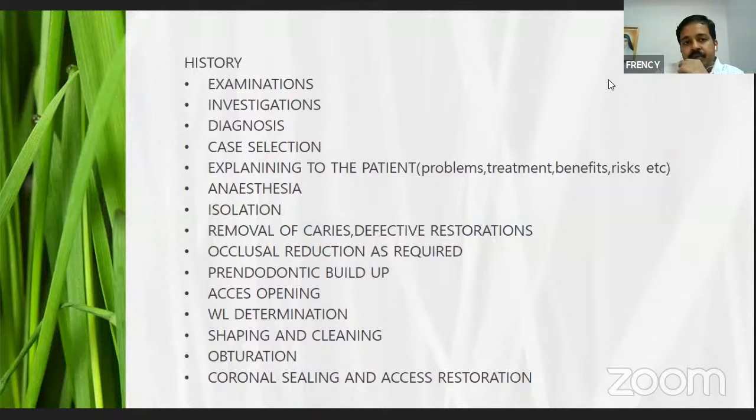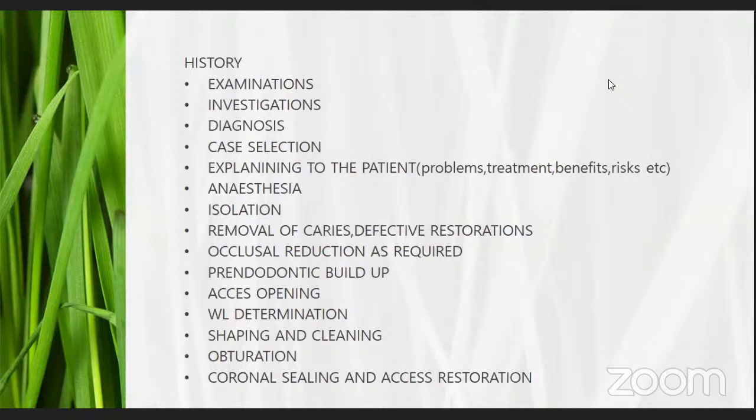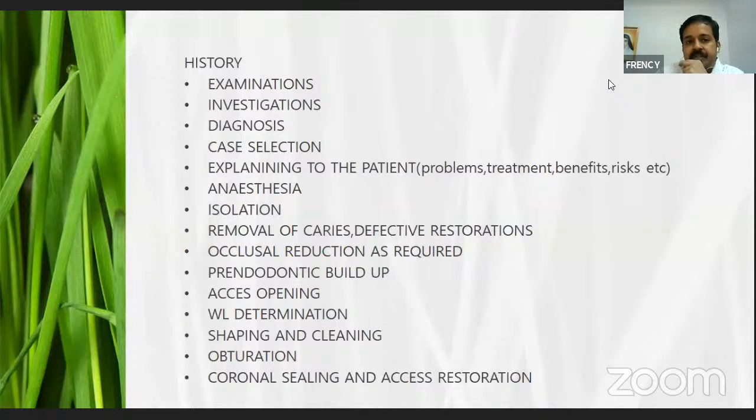So as you all know, there are different steps. We have to get a good history, then examination, investigations, then we come to a diagnosis. Then we have to select the case, whether it is better to go for root canal treatment or extraction. Then explaining the treatment to the patient, about his problems, risks and benefits. Then anesthesia, isolation, removal of caries or defective restorations, occlusal reduction as required.